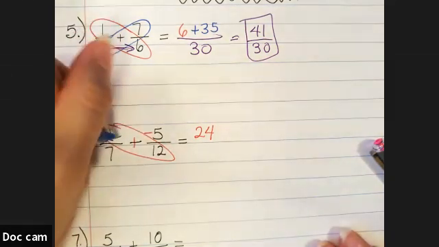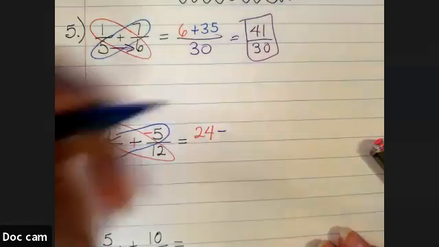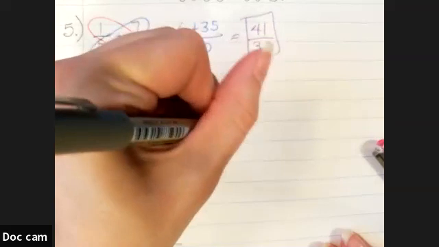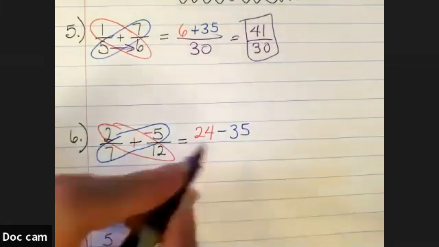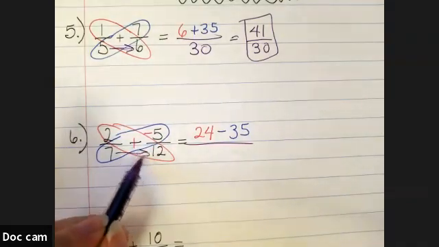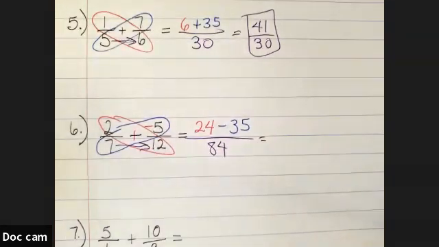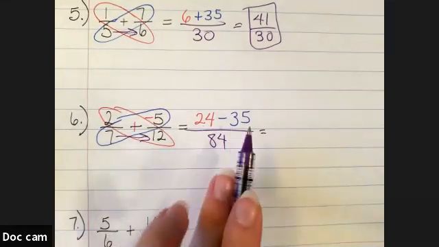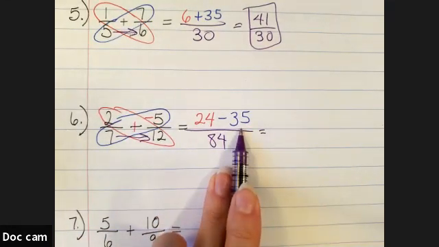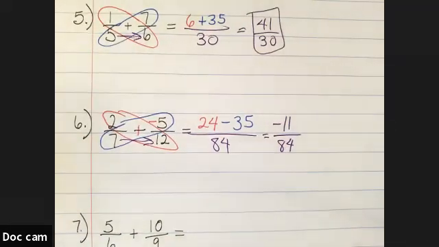So I'm just going to say minus 35. And that's my numerator. And then on the denominator, 7 times 12 is 84. So then I just need to do 24 minus 35. So that's going to be negative 11 over 84. So negative 11 over 84 is the final answer.